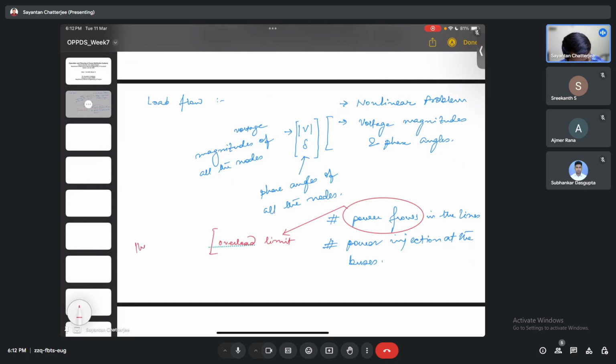So thermal constraints are there, and there are constraints related to the settings of the protection equipment.